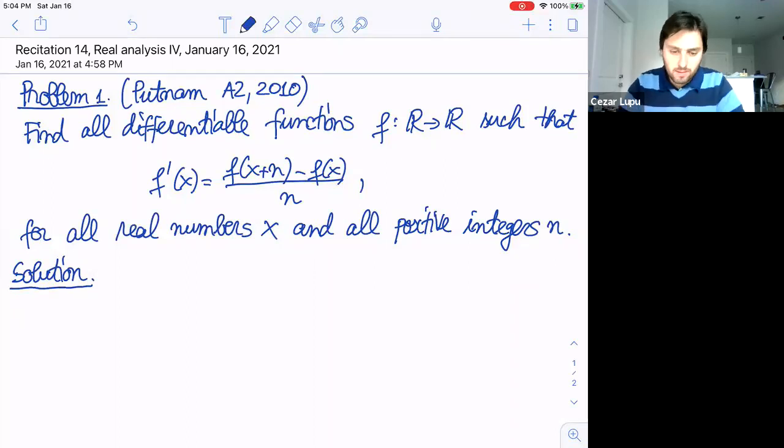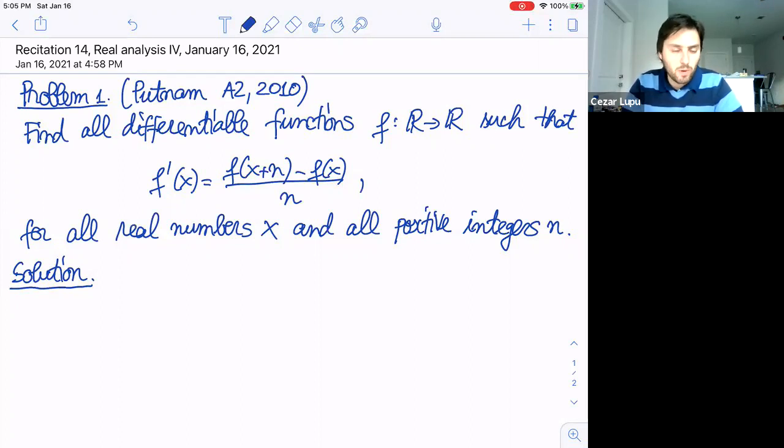When you have a functional equation of this type, which holds for all real x and for all positive integers n, it's better just to see what happens.